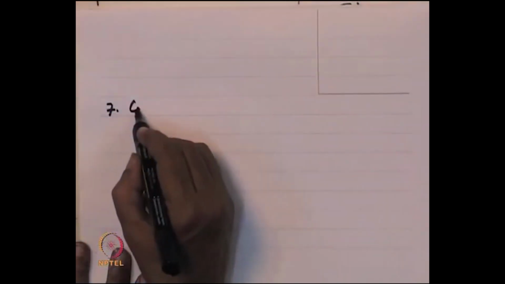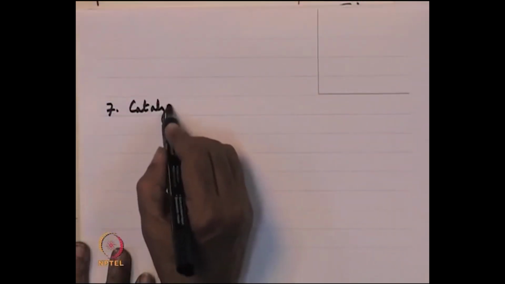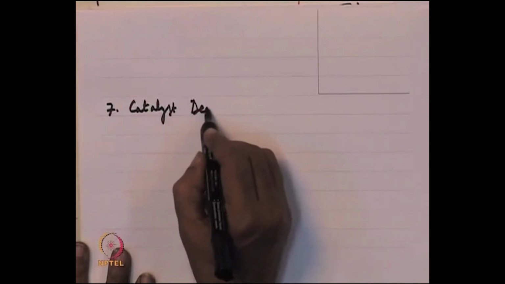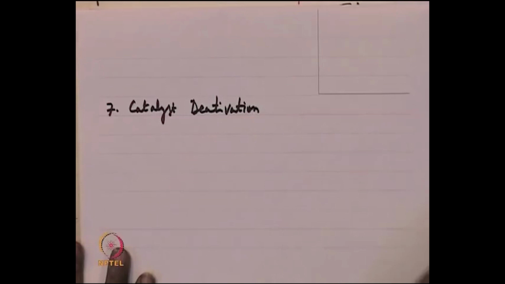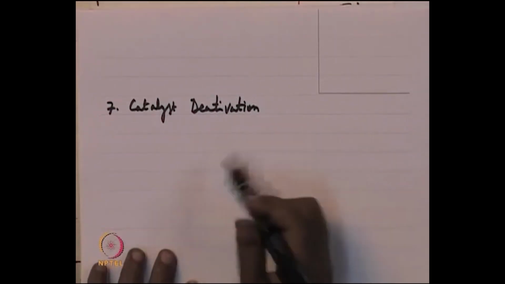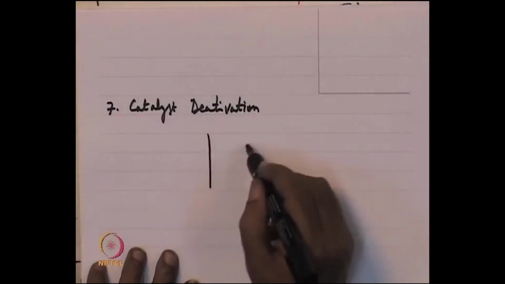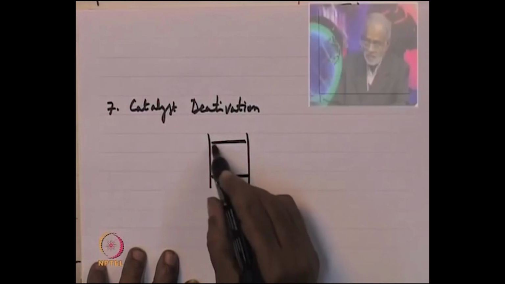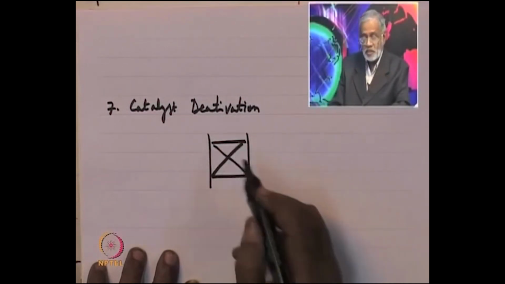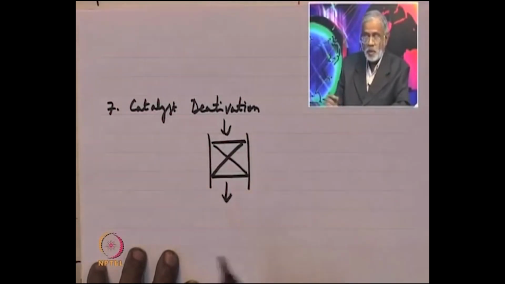Next we will try to look at what we call catalyst deactivation. The context to looking at catalyst deactivation is that many of our process industries require catalysts for the reactions to take place.